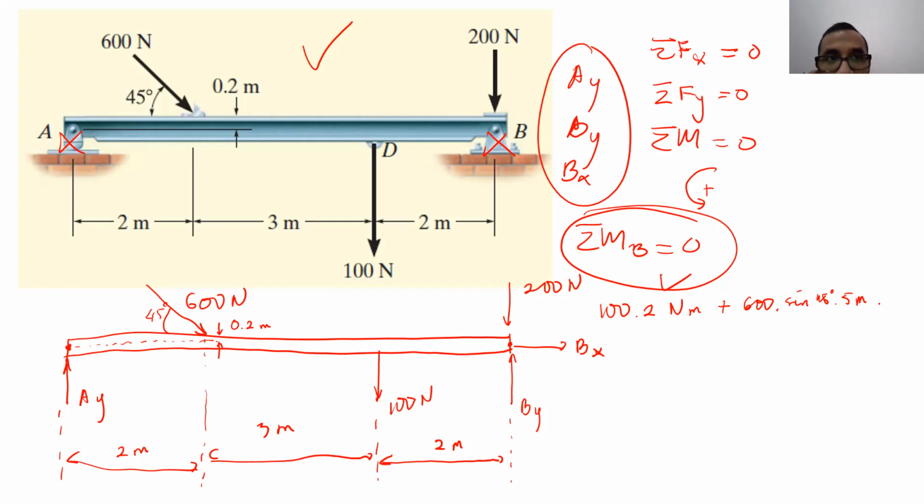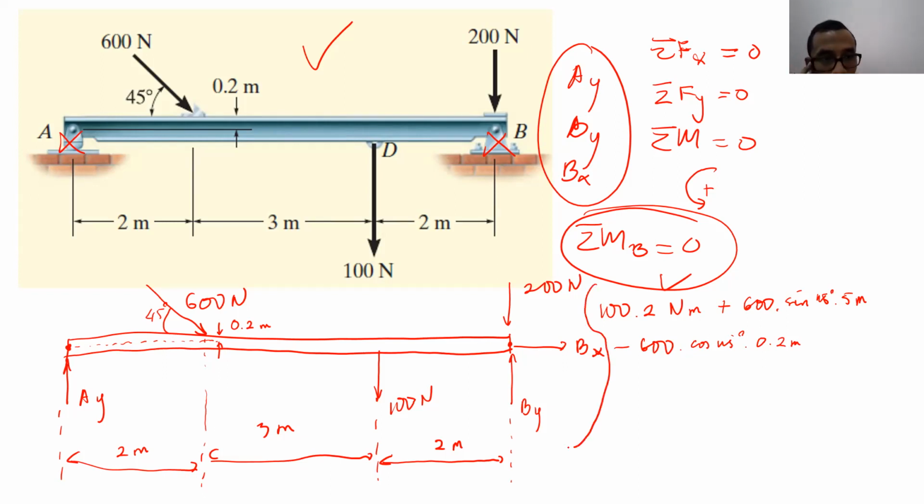Times 0.2. Correct. Clockwise, counterclockwise? It's clockwise. Clockwise, correct. So it's minus 600 cos 45 degrees multiplied by 0.2 meter. Okay, so because of 600 Newton, you have already calculated there.